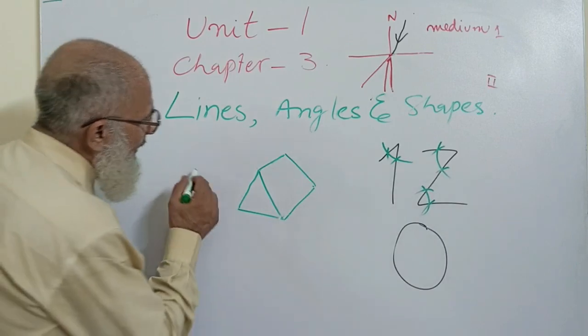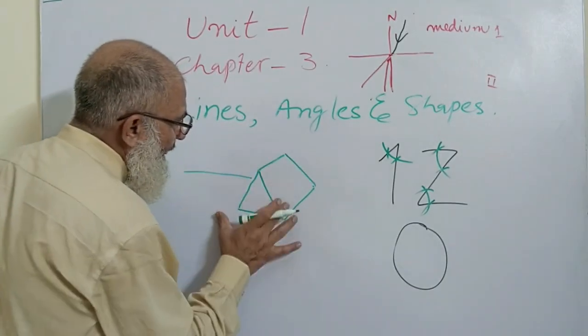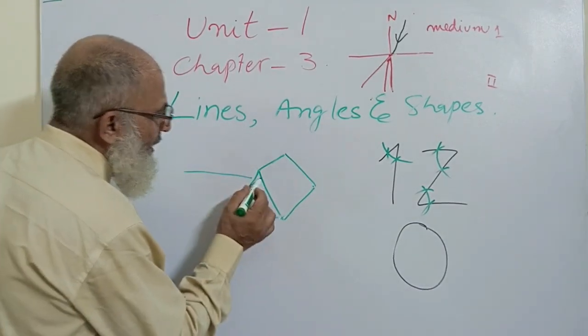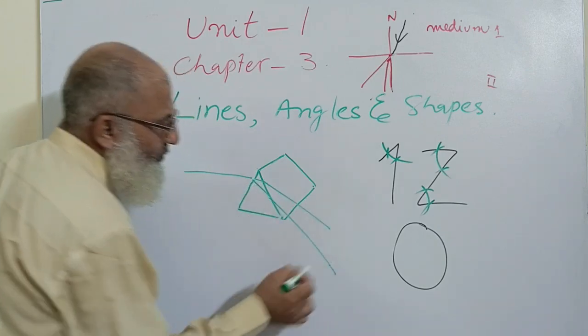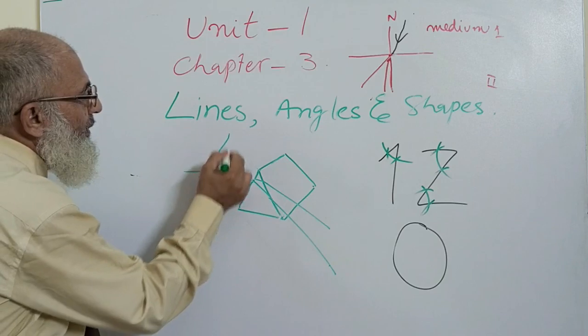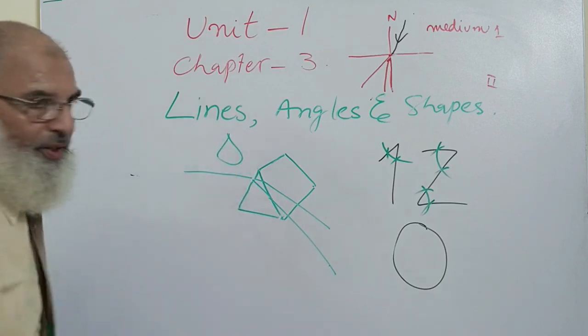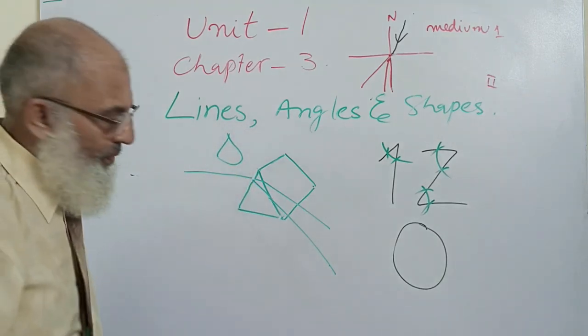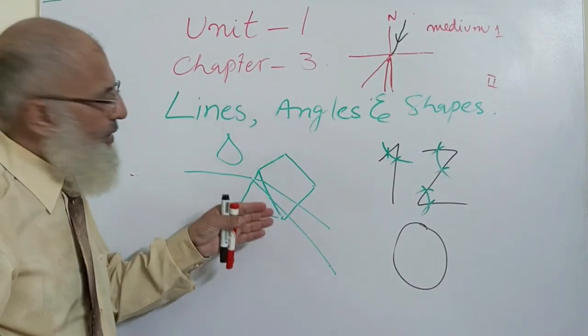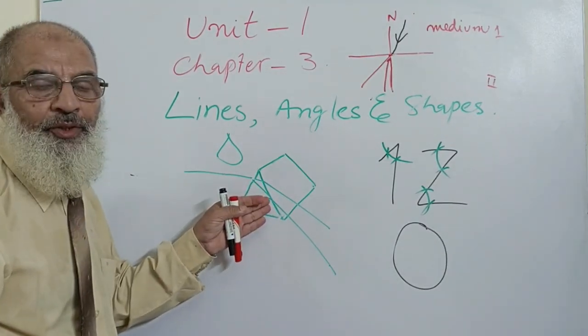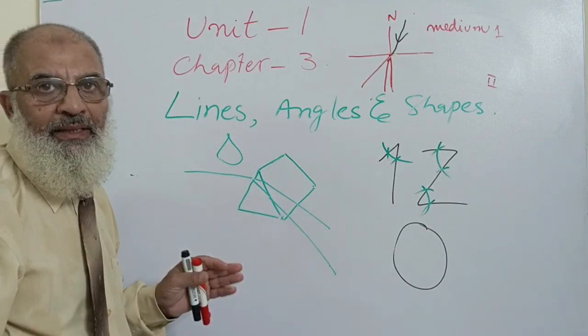Now if light enters at this face of the prism, it will disperse into seven colors, just like the drop of water. So the angles are formed, and scientists use this phenomenon to study the angles.